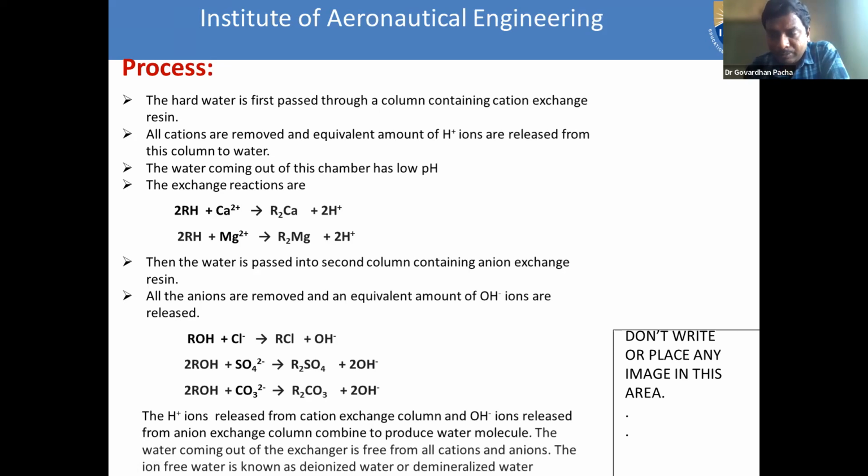Why? Because after the treatment with the cation exchanger and anion exchanger, the resultant water has a pH of exactly 7. So that is called neutral water. Neutral water means the sample of water which is free from all the dissolved salts, all the minerals and all the ions.